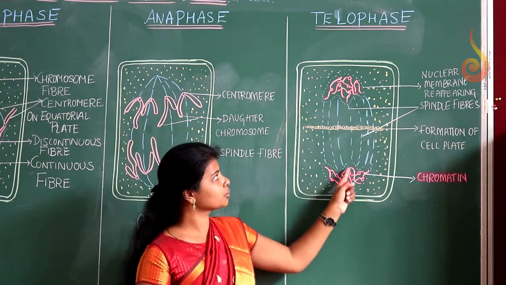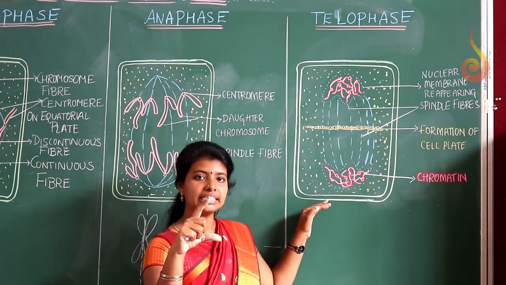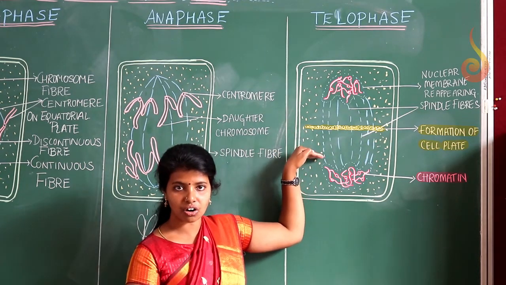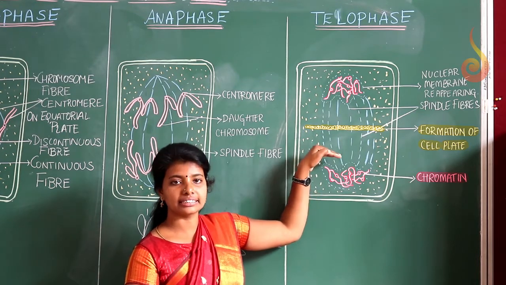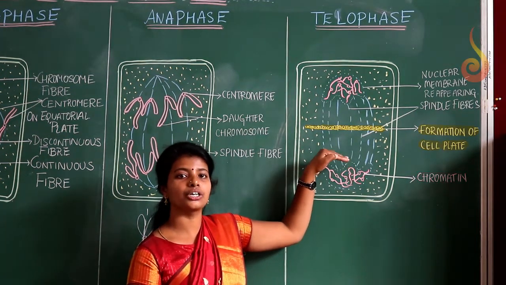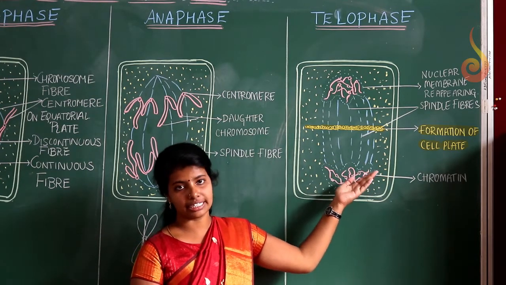Now the daughter nuclei have separated and now within a cell there is a midline formed which is called cell plate, and the cell plate is an indication that the cell is going to divide further. That is what is called cytokinesis.